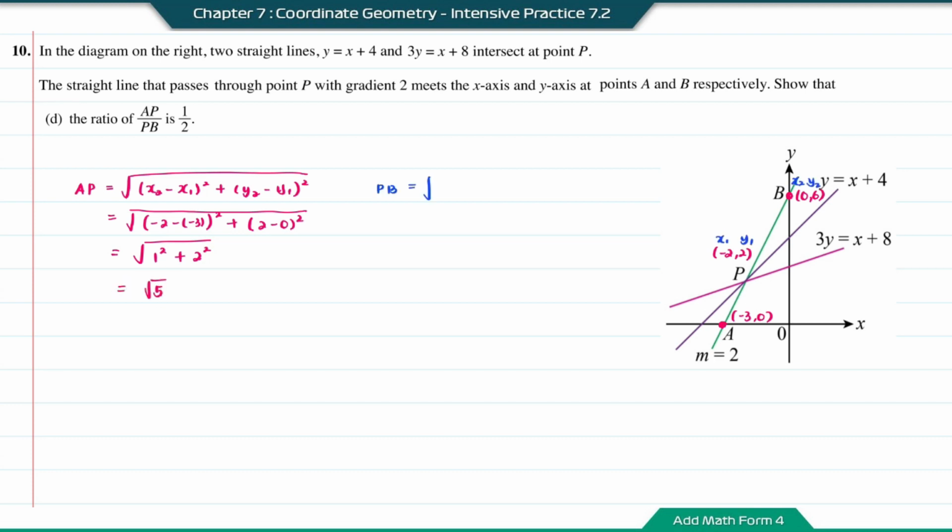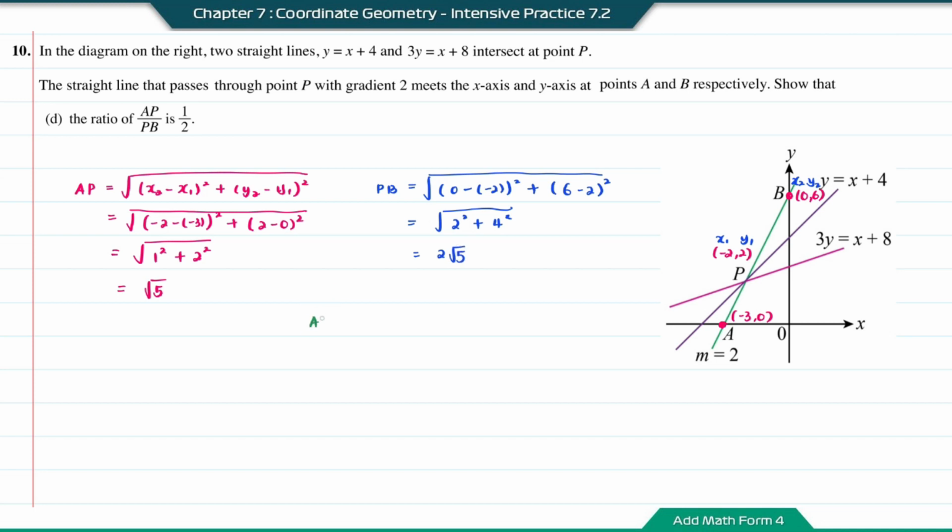Using the same method, the length PB will be 0 minus negative 2, squared, plus 6 minus 2, squared. So here we get 0 plus 2, which is positive 2, squared, plus 4 squared. The answer here will be 2 square root 5.